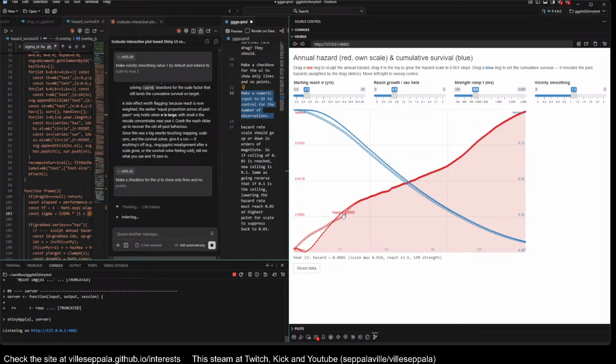How do I indicate, especially when changing the survival rate, that I want some kind of smooth? Yeah, maybe the issue is here.